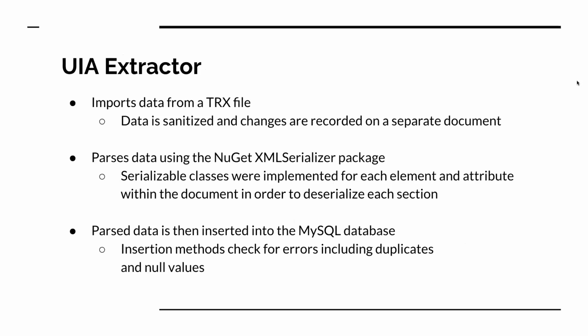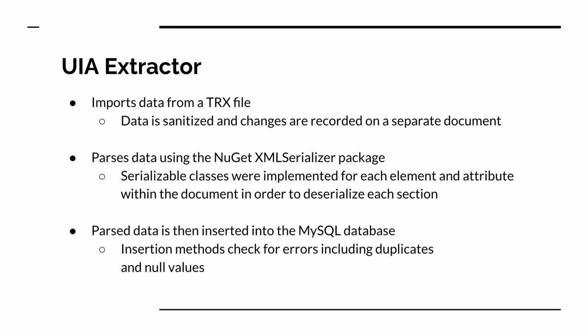Hi, I'm Samantha King, and I will be going over the UIA extractor feature. The UIA extractor is used to import, parse, and insert data from a TRX file. This extractor first reads in data from the TRX file, then the data is sanitized by removing any unwanted special characters. Once the TRX data is sanitized, the data is parsed using the NuGet XML serializer package.